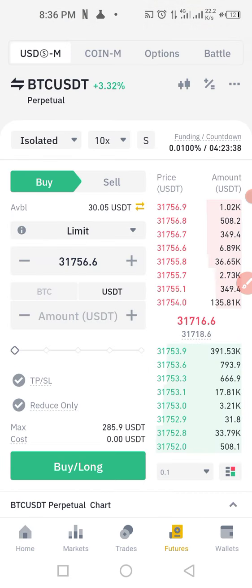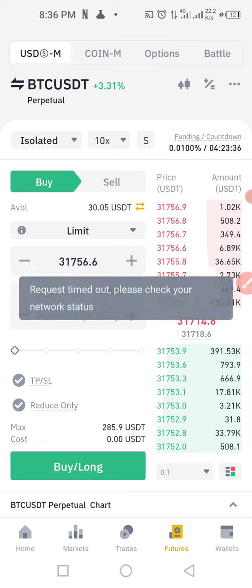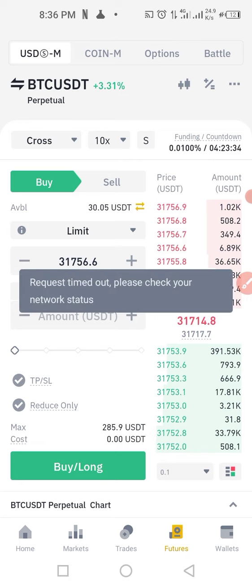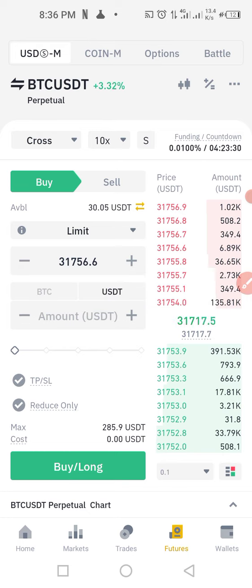What is futures trading? Futures trading is like you predicting the price of an asset by either saying that the price of a given asset will go up. So in that case, you buy when it is low.